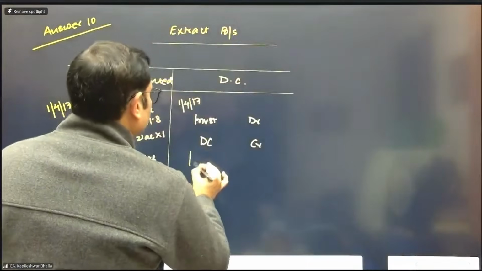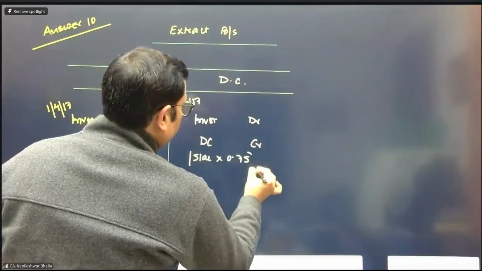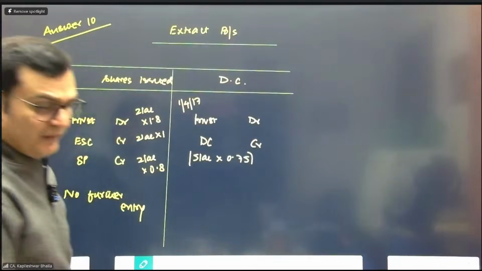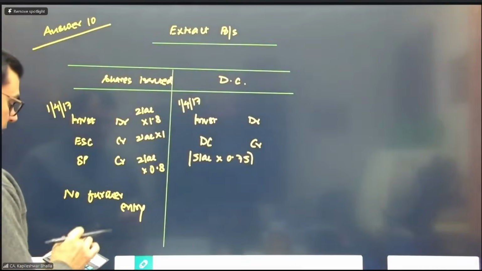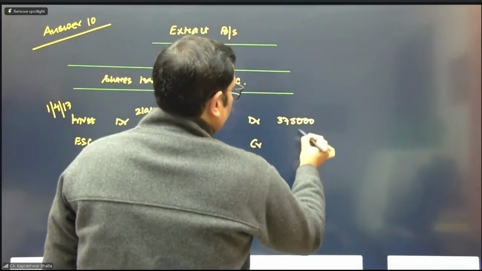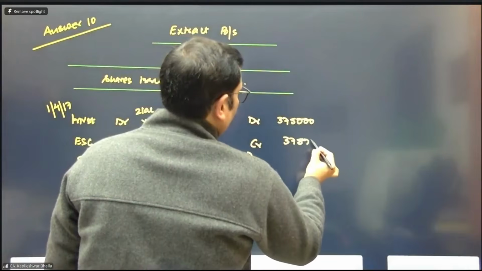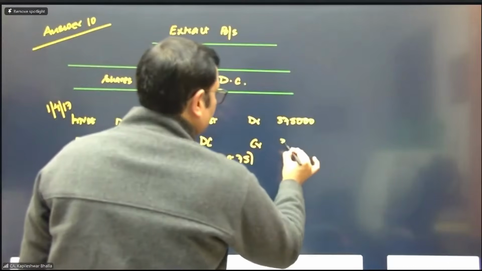So we would have paid 5 lakhs after 3 years. Let's take a present value at the factor 0.75. This would have been 3,75,000. So this entry would have been done on 1st April 17, that is on the date of acquisition.